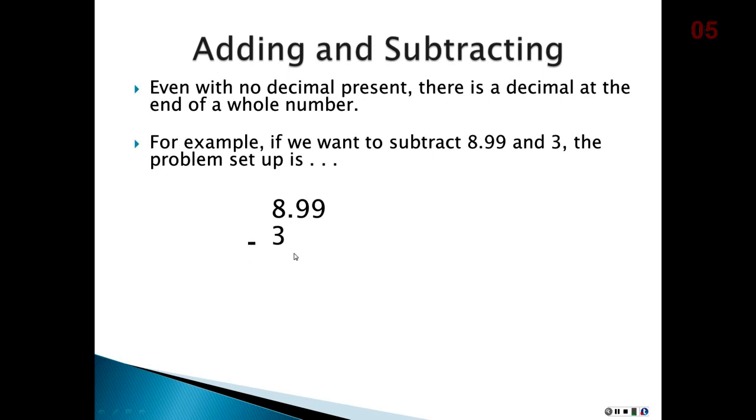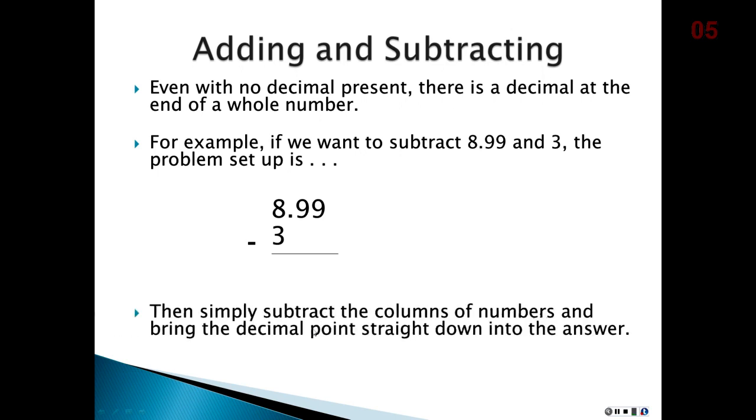Now visually, you might want to put a decimal and then 2 zeros to help you see that. 9 minus 0 is 9. 9 minus 0 is 9. But what's 8 minus 3? 5, but I need to still bring my decimal down. So when I subtract this, I'm going to get 5.99. So just treat this 3 as 3.00. That might help you if you're visual.